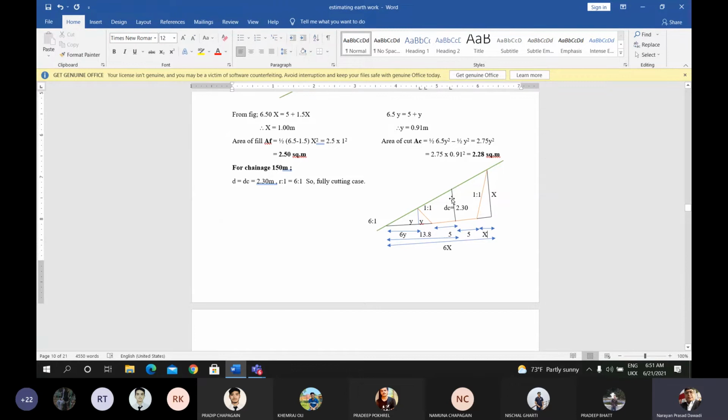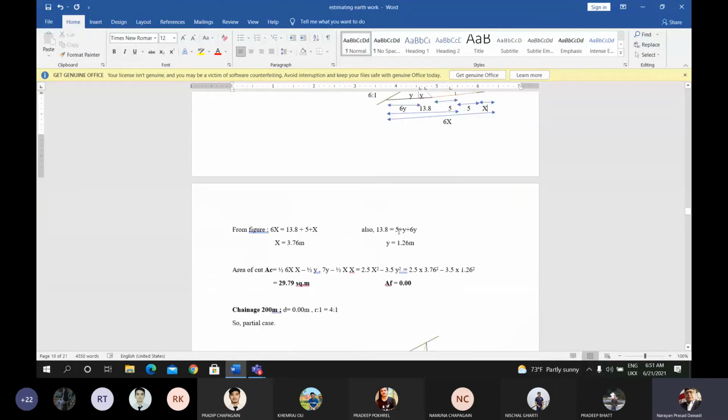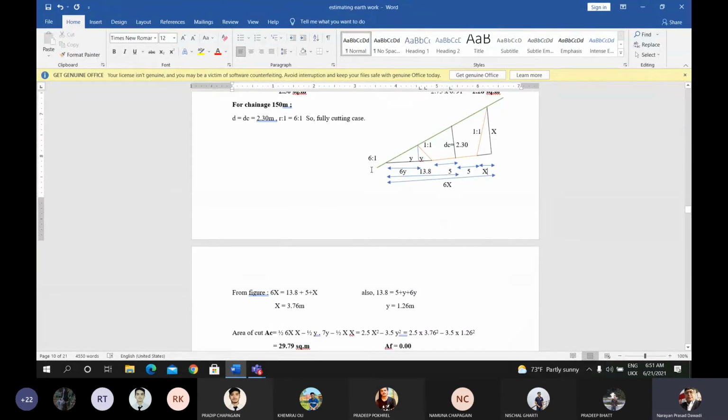From the center line towards the green line, the total distance is 13.8. This is equal to 5 plus y plus 6y. This is 5, this is y, and the vertical height y into the slope gives 6y. So 13.8 is equal to 5 plus y plus 6y. The y value will be 1.26.